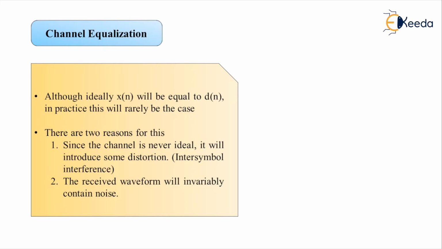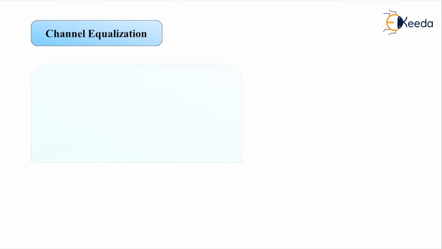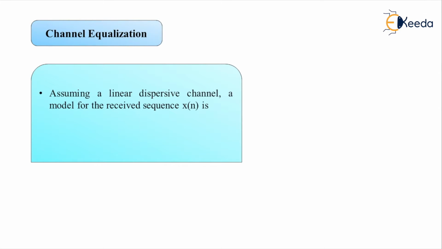So let us assume a linear dispersive channel, a model for the received sequence x of n, is described with the help of the expression where we have x of n equal to the summation k equal to minus infinity to n of d of k multiplied by h of n minus k.